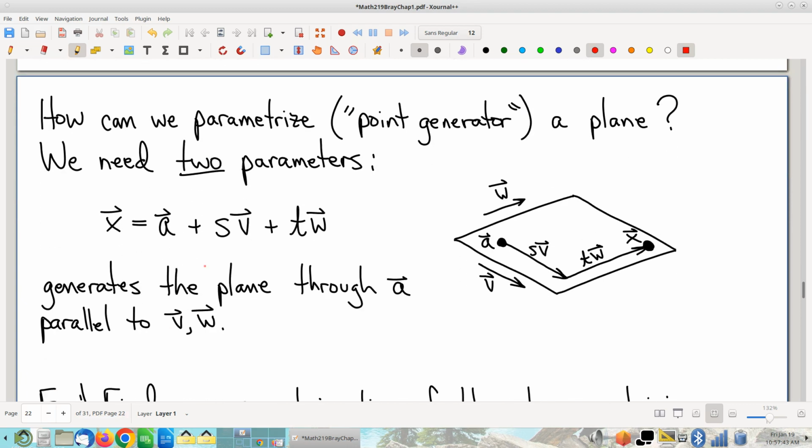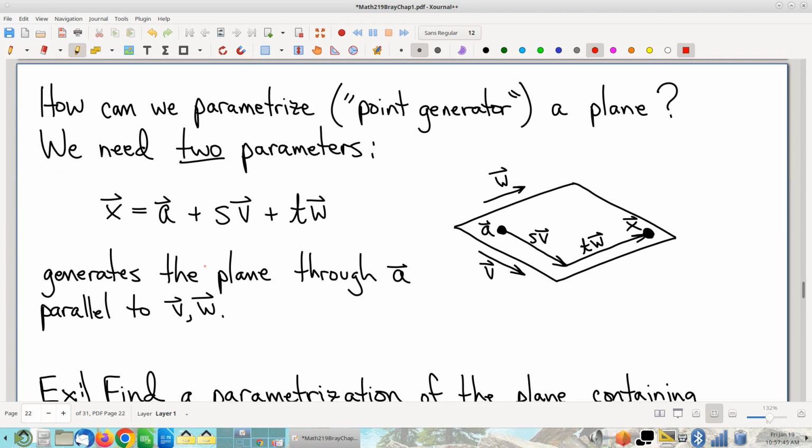Okay. Let's talk about how to parameterize a plane. The only parameterizing we've done previously were curves. So again, what's the idea of a parameterization? The idea is that it is a point generator. I want to be able to generate every point on this plane.